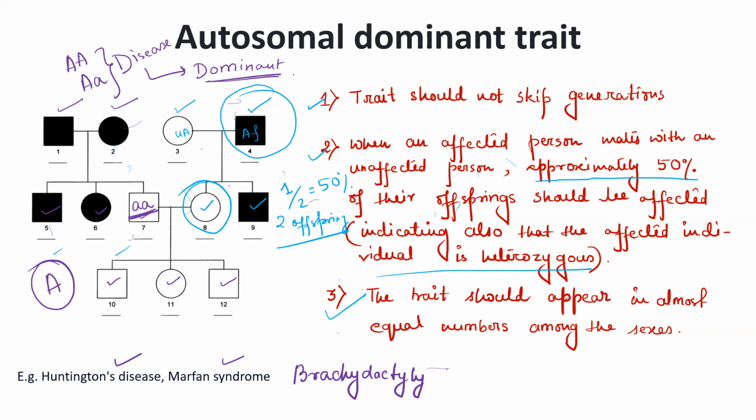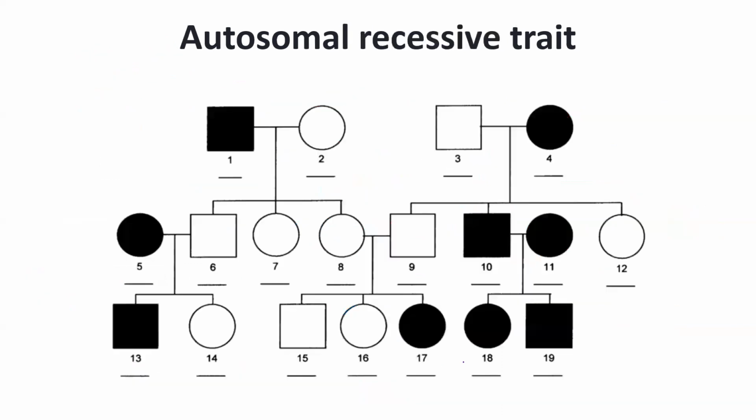Then you must have heard of familial hypercholesterolemia. That is also an autosomal dominant trait. Okay. Next, we talk about autosomal recessive trait.